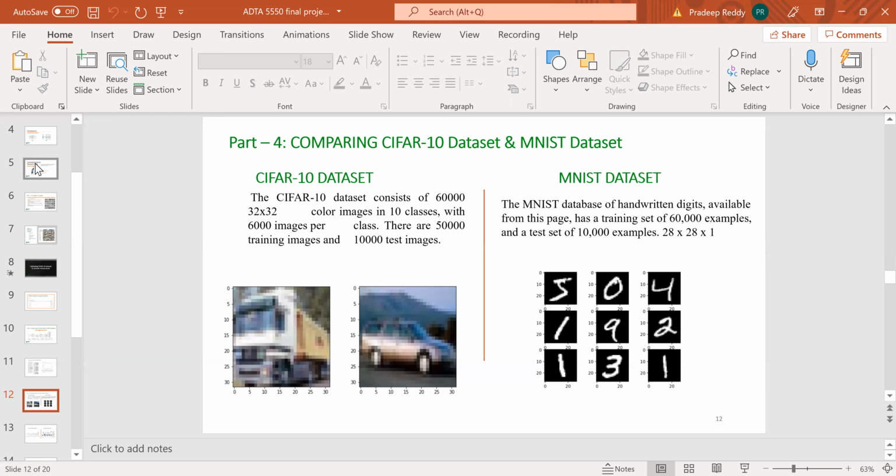These are handwritten digit images labeled 0 to 9, and they are grayscale, black and white images of size 28 by 28 by 1, so they are a little smaller than the CIFAR-10 images. These are some examples from the CIFAR-10 dataset, like a truck and a vehicle, as shown in the picture. And these are examples from the MNIST dataset, which contains handwritten digits like 504192131.